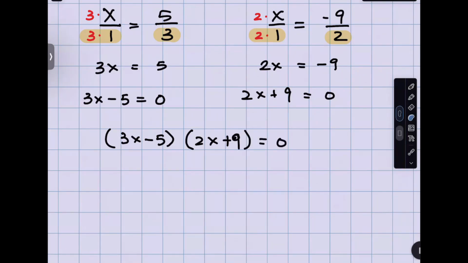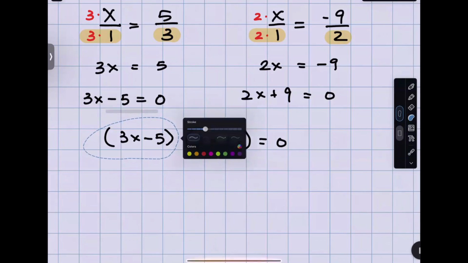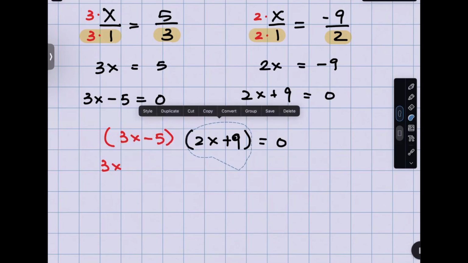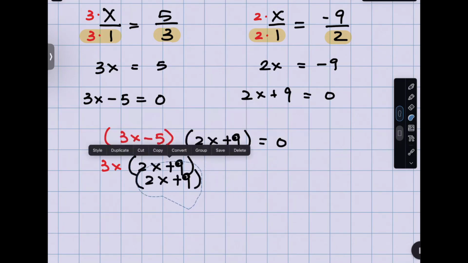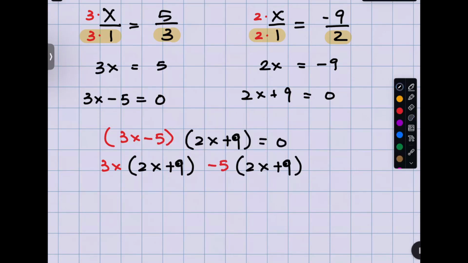What do I do now? Take the first term, second parentheses, second term, make sense? And then finish. Once you finish, yeah.